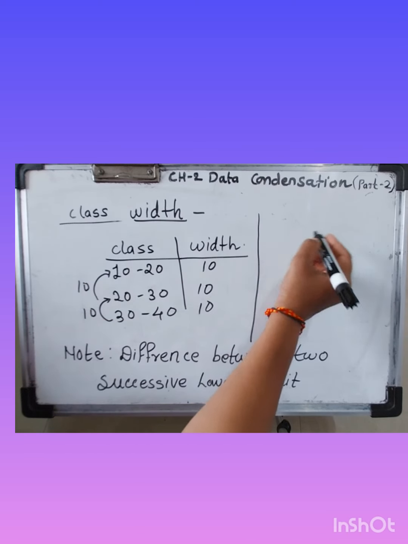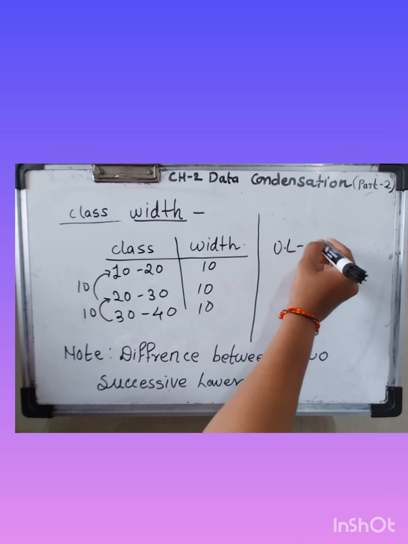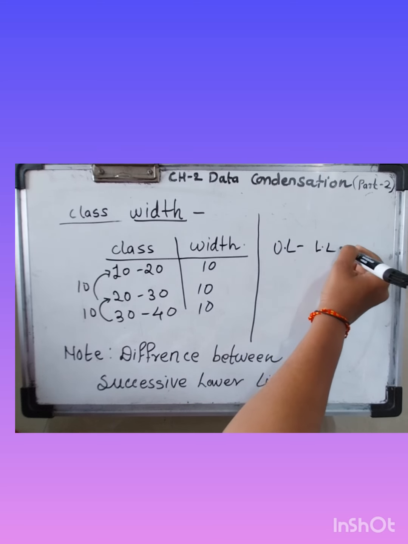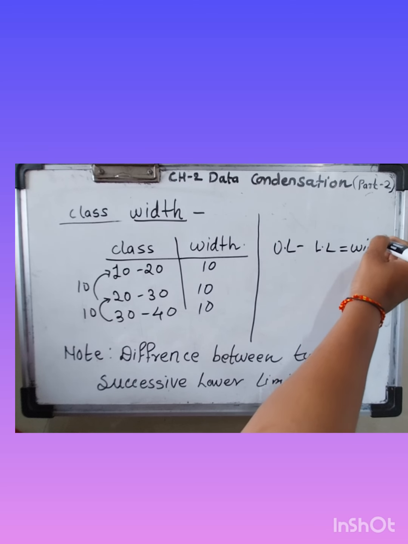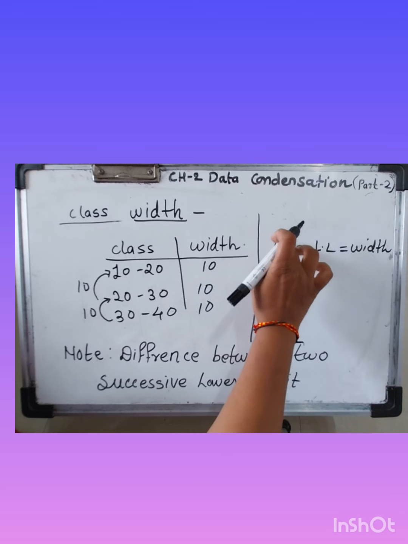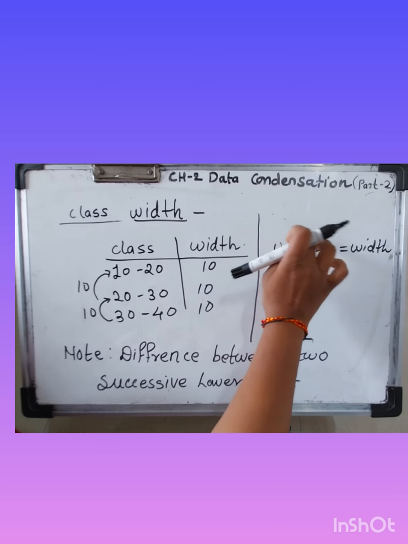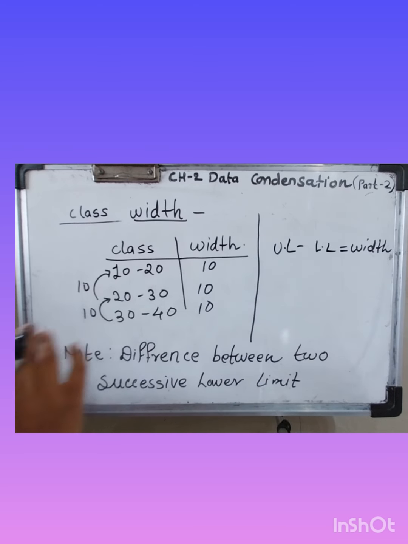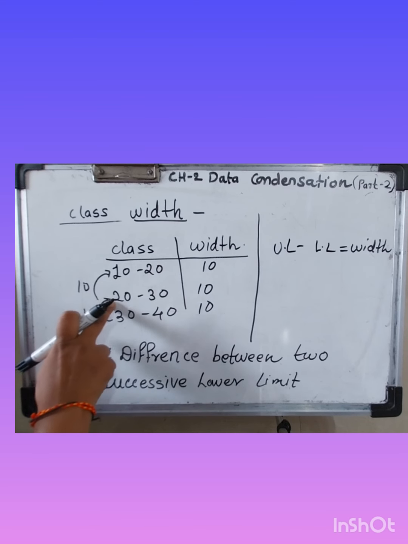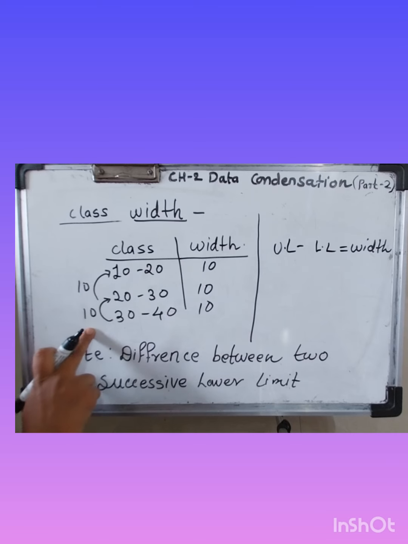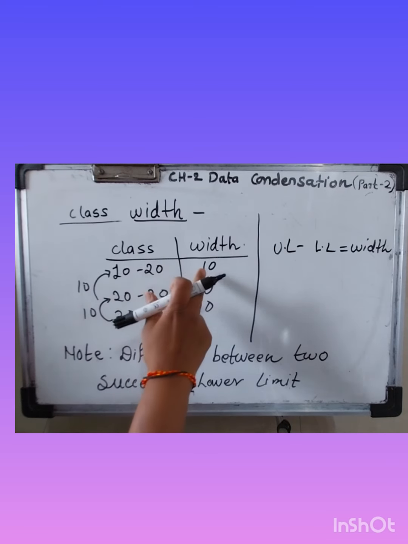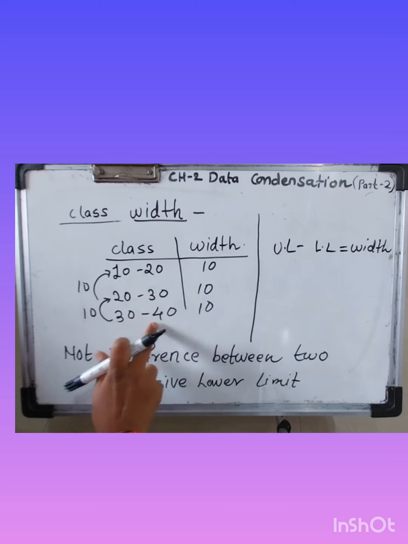In other words, we say upper boundary minus lower boundary is called the class width, or difference between two successive lower limits is the width. See like this, 30 minus 20, 20 minus 10 is 10, 40 minus 30 is 10. So this is the class width.